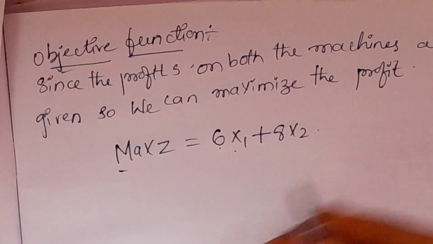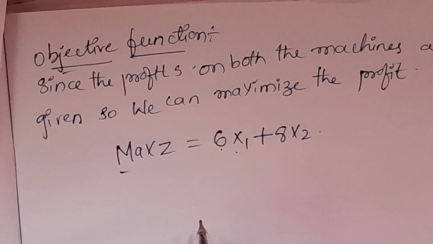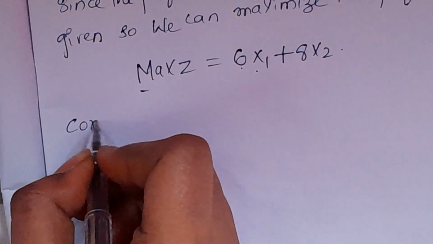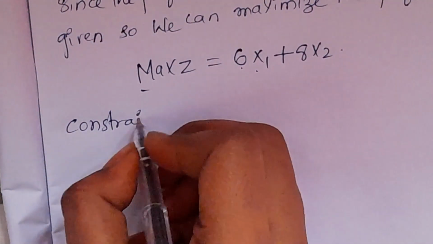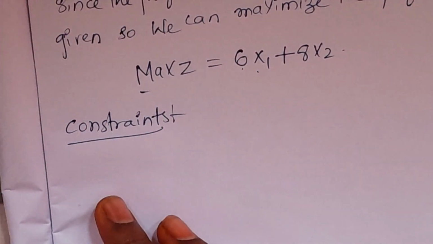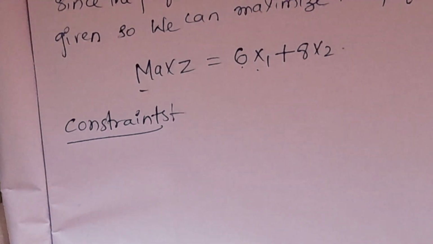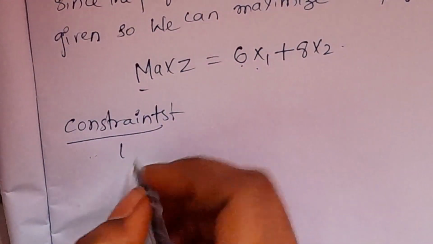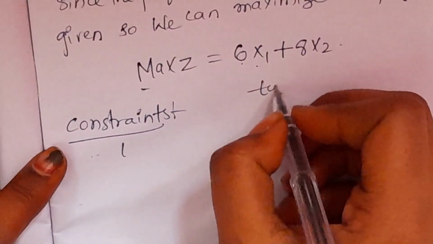Okay, next we have to take constraints of products P1 and P2. In constraints we have two machines, right? We have two products, right?